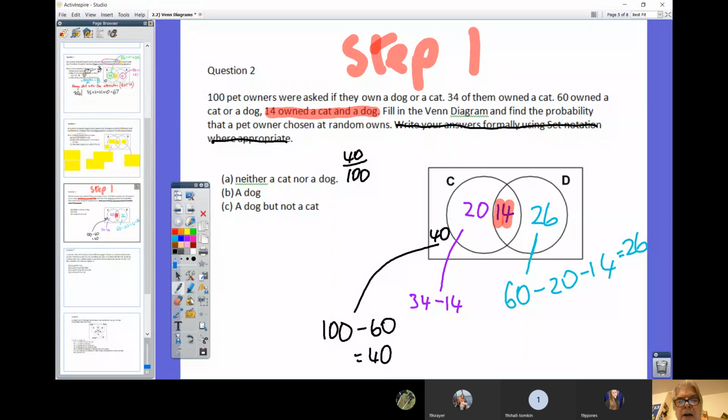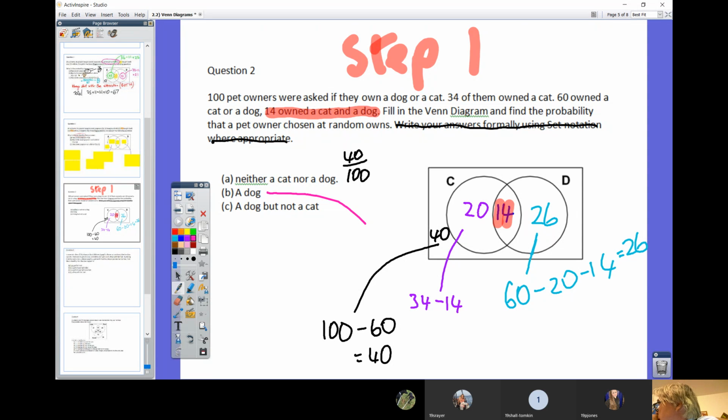Well, own cats or dogs? Right. What's the probability if I choose someone at random, they own a dog? Flo. That's if they own just a dog. Hang on. Look at the diagram, Flo. Look how many people own dogs in total. So they're in the whole D circle. How many?